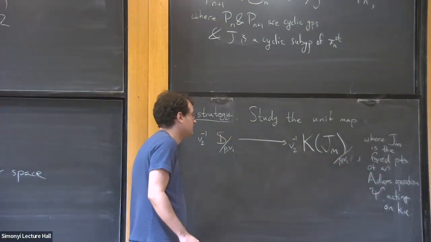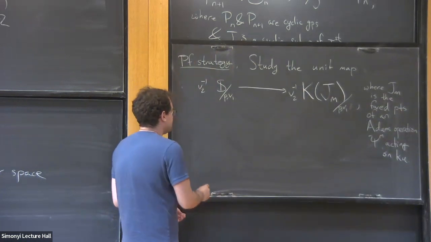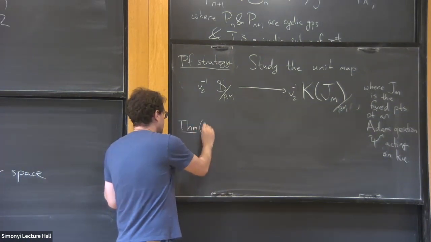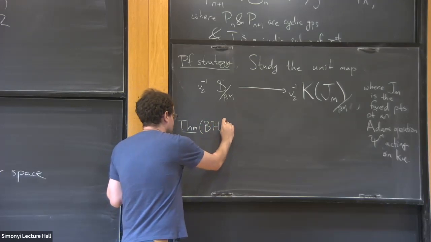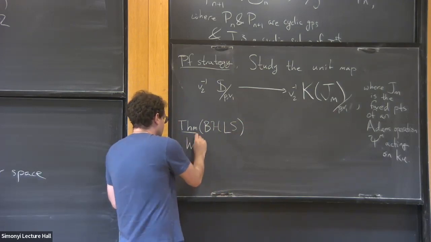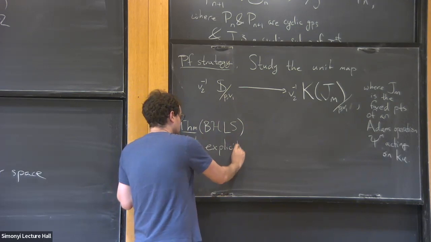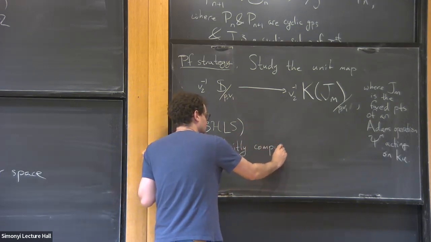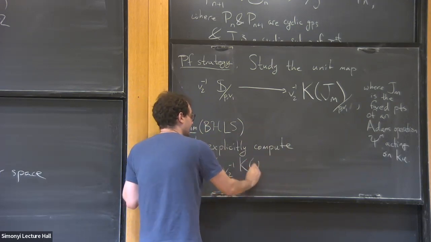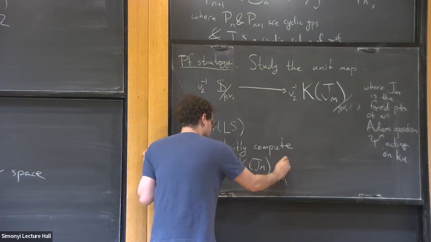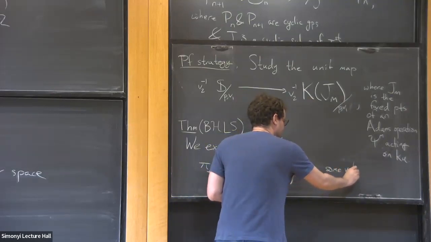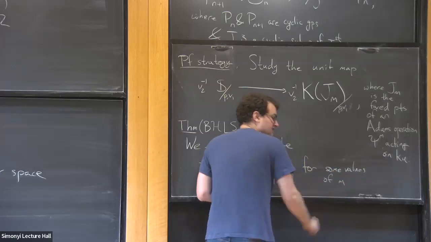Okay. So the main point is that there's a theorem of Burklund, myself, Levy, and Schlank, which explicitly computes the homotopy groups of this spectrum V2 inverted K Jm for some values of M, for some of these elements of this group, some Adams operations.